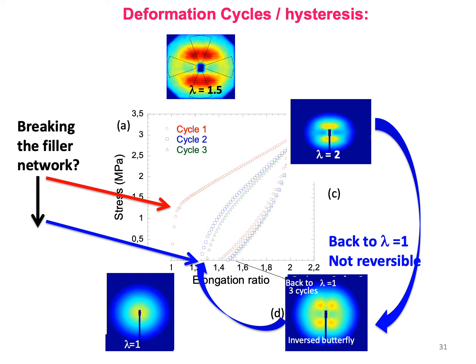So what turns out here is that at the first cycle we have actually deformed the network of the nanoparticles, and we have more or less broken this network, these filler networks, as you can see from the fact that we do not have this increase again at the second cycle and at the third cycle.